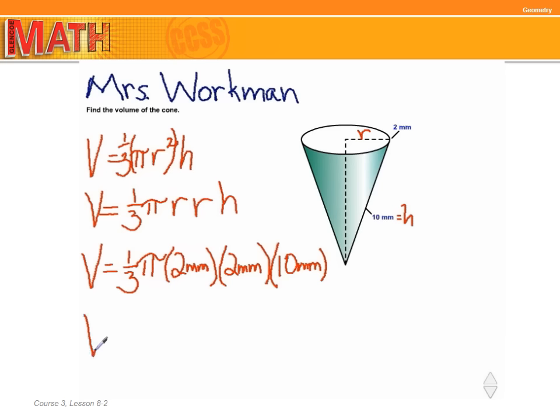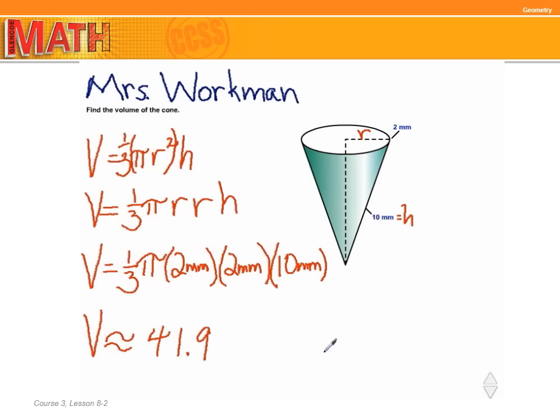I think we're going to reach for the calculator now. We're going to use the pi button and multiply pi times 2 times 2 times 10 divided by 3. When we do, we're going to get an answer that is about 41 9/10.